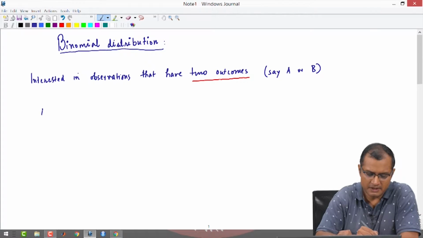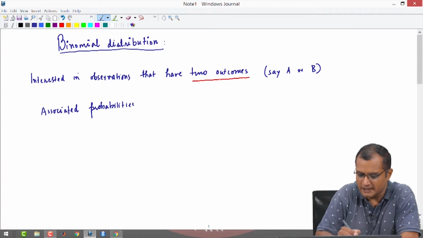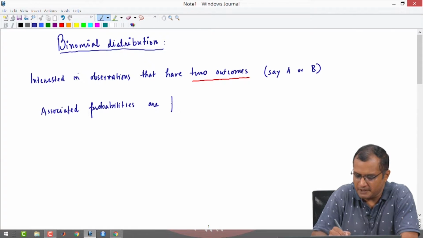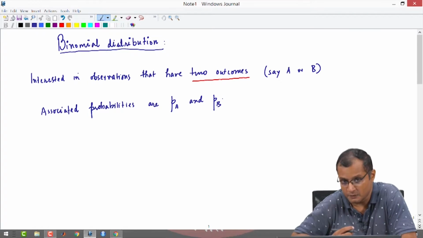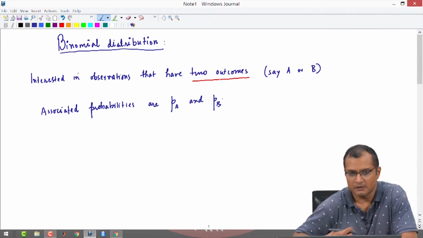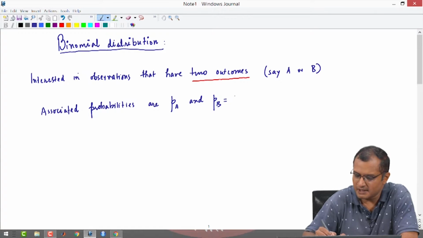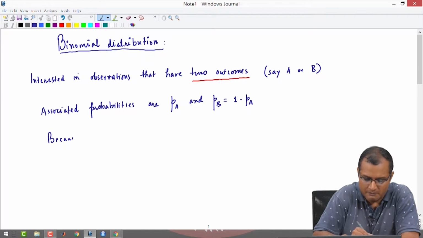Now, associated with these events, there are probabilities which I am going to call P A and P B. So, if I toss a coin which is unbiased, then the probability of getting a head, let us say, is P of A, and the probability of getting a tail is P of B. Since there are only two outcomes for a coin toss, I can say that the probability of getting B is 1 minus P of A, because I want the probabilities to be well behaved.